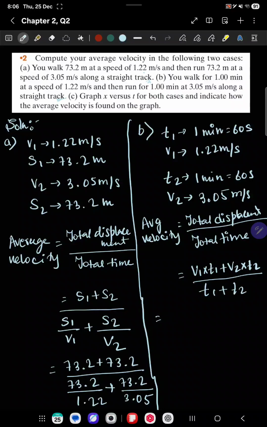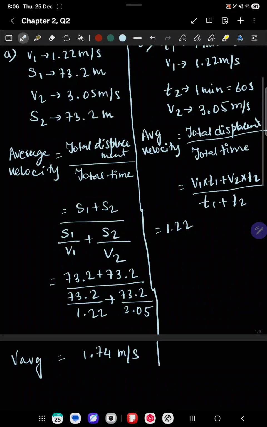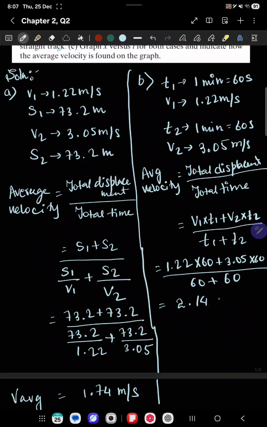So after feeding the values we will get 1.22 into 60 plus 3.05 into 60 upon 60 plus 60. After solving this we will get a value of 2.14 meter per second.